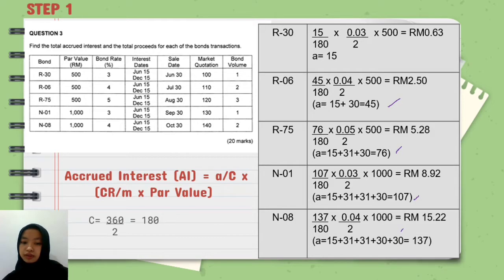Bond R06 equals 2 ringgit 50 cent. Bond R75 equals 5 ringgit 28 cent. Bond N01 gets 8 ringgit 92 cent. And bond N08 equals 15 ringgit 22 cent.